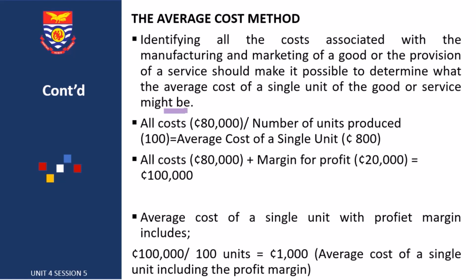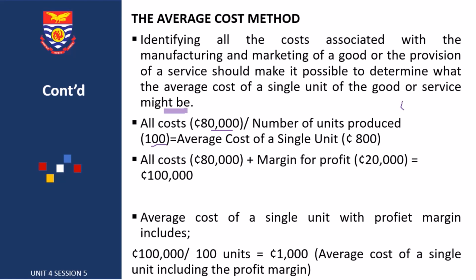Assuming production cost is 80,000 and the number of units produced is 100, to get the average cost, you divide the cost incurred during production by the number of units produced. So all costs incurred was 80,000, the number of units produced was 100.